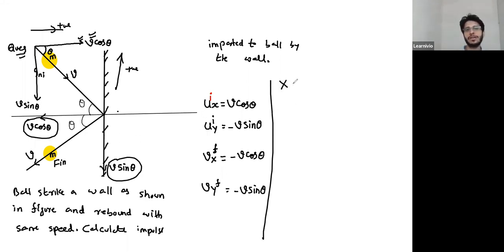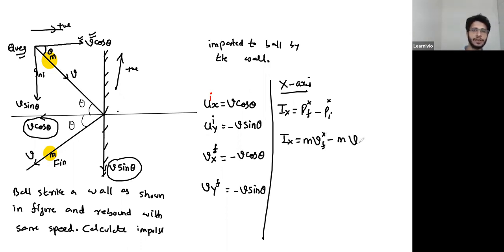Now, let's calculate impulse along x-axis. Along x-axis, your impulse is final minus initial momentum along x-axis. So that's mass into final velocity along x-axis minus mass into initial velocity along x-axis. Then you can take this m as common. This is final velocity along x-axis minus initial velocity along x-axis.